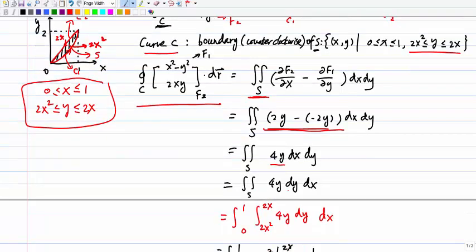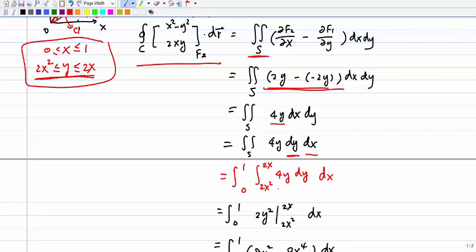I swap the order a little bit: I want to integrate over y first and x second, because given the region, it's very easy to integrate over y first and then x. You split it into two steps, an inner integration and an external integration. The lower and upper bounds are already given.